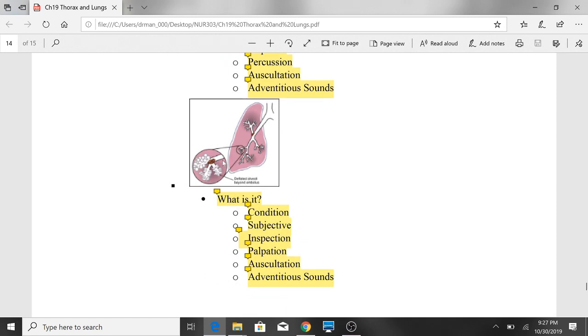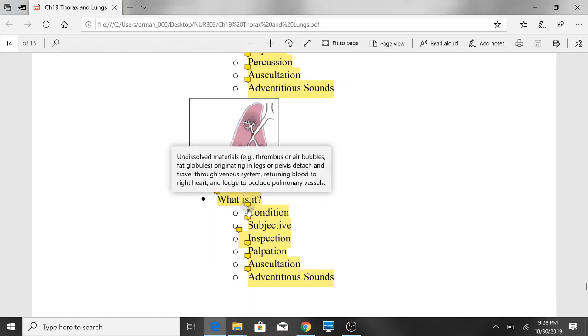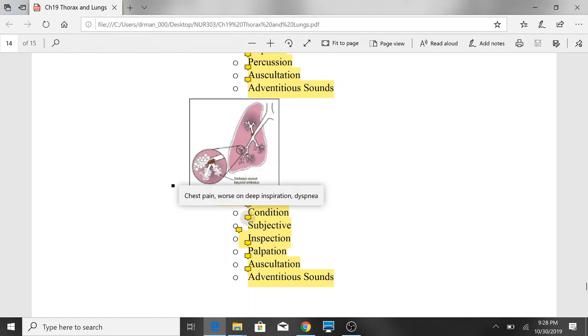We get to pulmonary embolism. That's what this is. Condition: undissolved material originating in the legs or pelvis detaches and travels through the venous system, returning to the right heart and lodging in the pulmonary vessels. Subjective: chest pain worsening on deep inspiration, dyspnea.